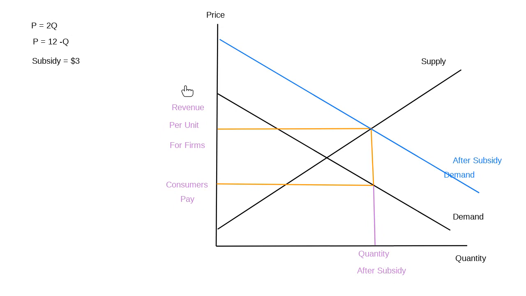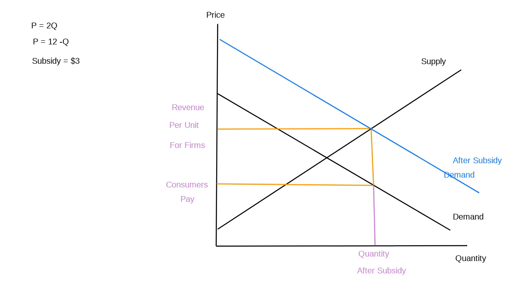And then subtract the $3 from the revenue, which makes sense, right? If this is what the consumer pays the firm, which is what the firm receives per unit, then the government is going to give the consumer the subsidy, or in this case, the $3. And so what the consumer actually ends up paying is down here, right? So let's do it.